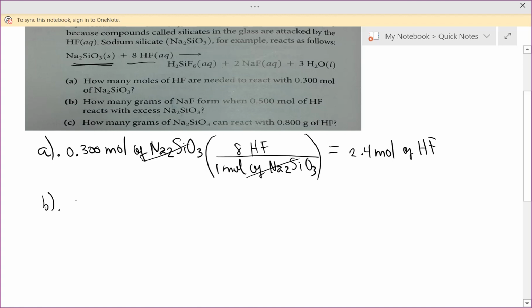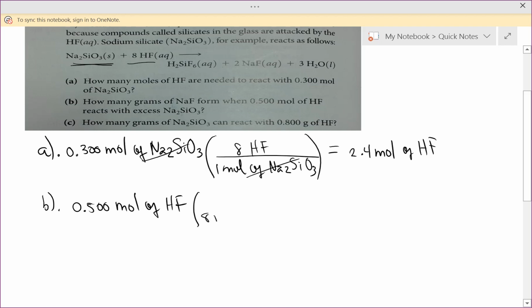So we start with the amount of moles that we have on the statement. So 0.500 moles of HF. We want to get to the grams of NaF. So we follow what we have on the balance equation.